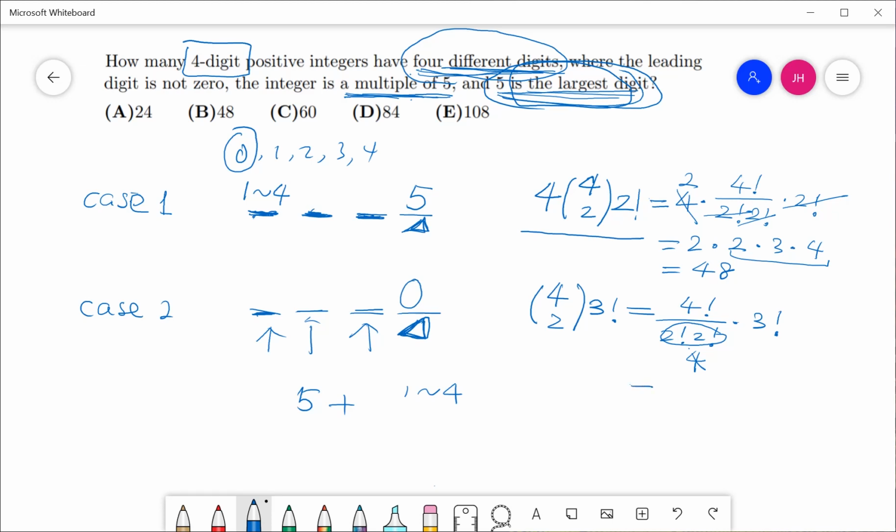So basically we have 3 factorial times 3 factorial, which is 6 times 6, that's 36. So we have 48 integers in case 1 and 36 integers in case 2. The total number of integers that satisfy all these conditions is 48 plus 36, which is 84. So the answer is D.